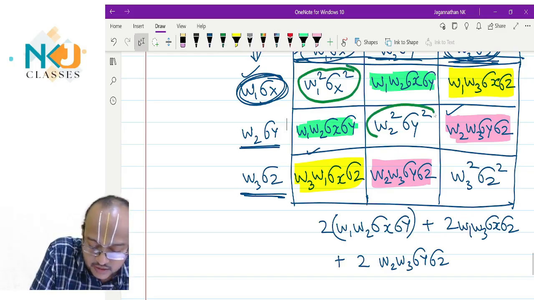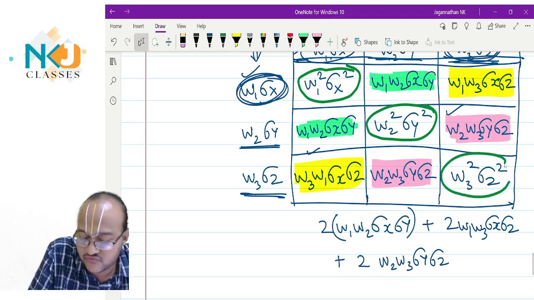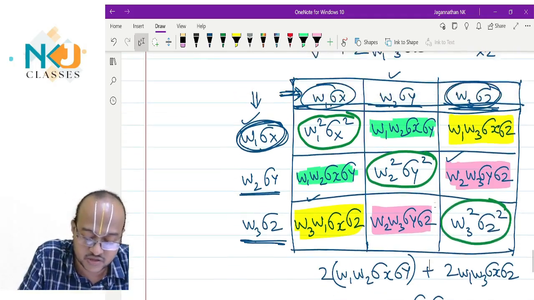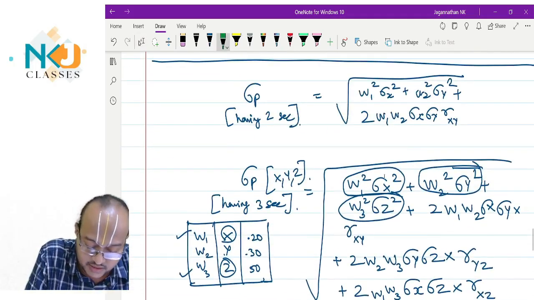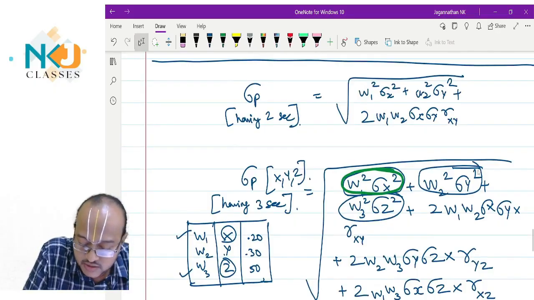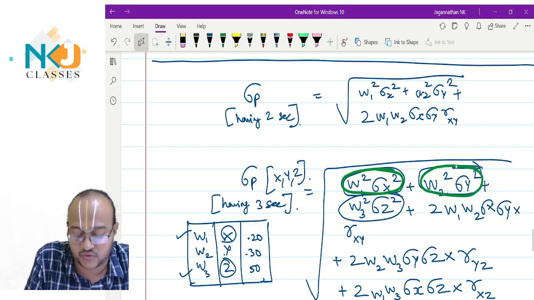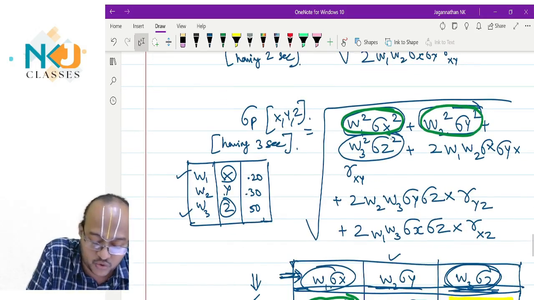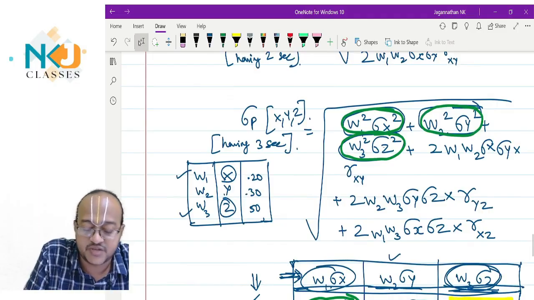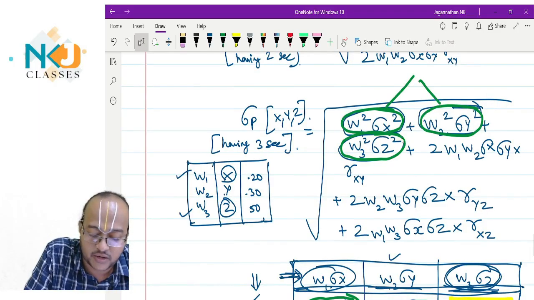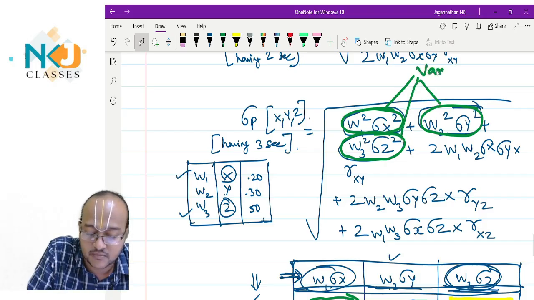Now I am putting this number separately. Okay, the red, this is called as variance term. The square is there, na? See this. The square W1 square sigma x square, W2 square sigma y square, W3 square sigma z square. These 3 terms collectively I called it as variance term.